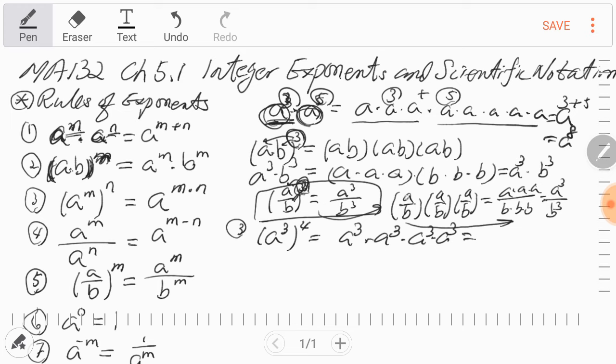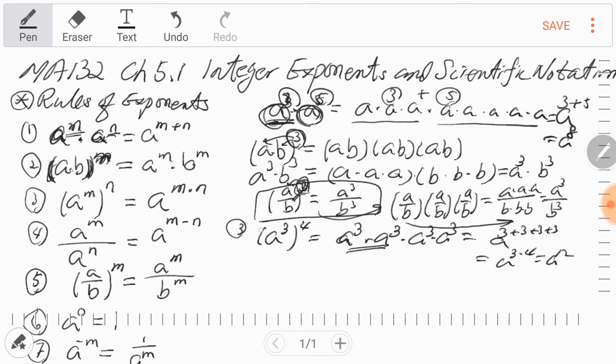And then using the first property, if we multiply exponential forms with the same base, then what we do is add all the exponents. 3 plus 3 plus 3 plus 3. So that equals a to the 3 times 4, so a to the 12th power.